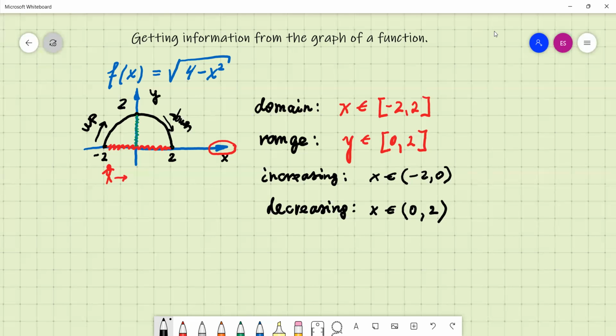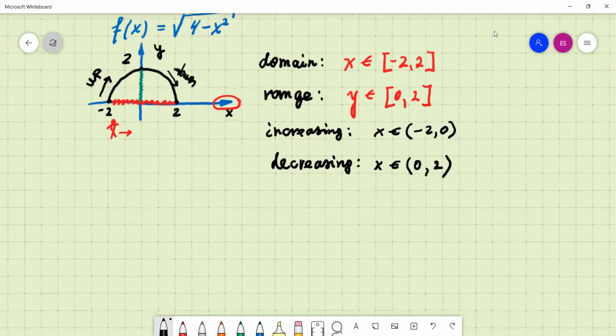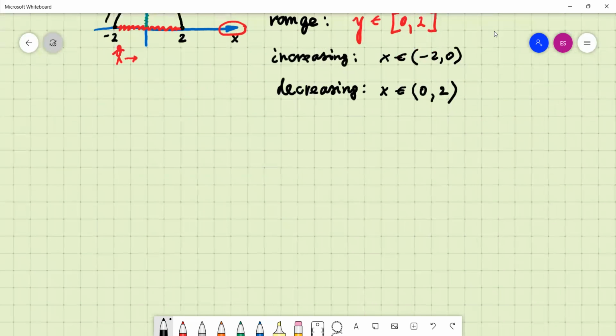Now I'm going to ask you to investigate a function and find out the very same stuff: domain, range, increasing and decreasing. I'm going to give you a very, very simple function. Just for self-work, the function is going to be x squared plus 2.